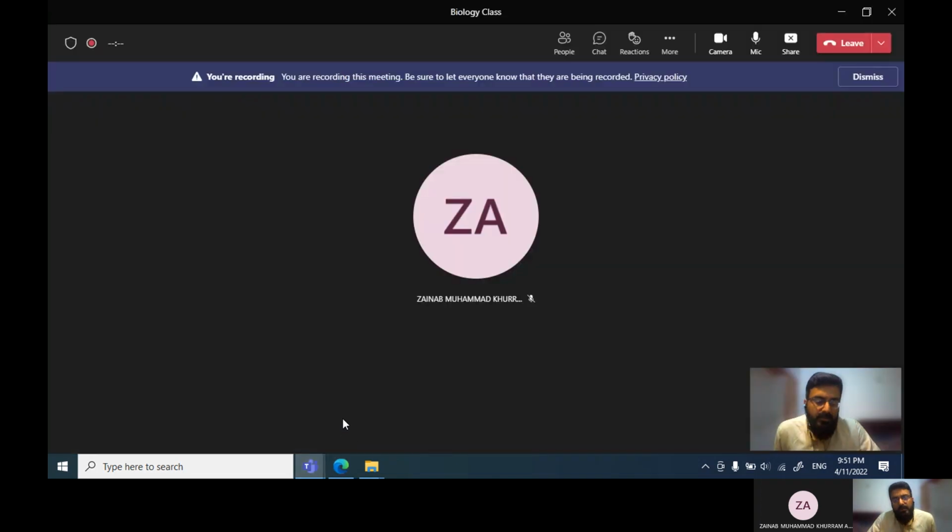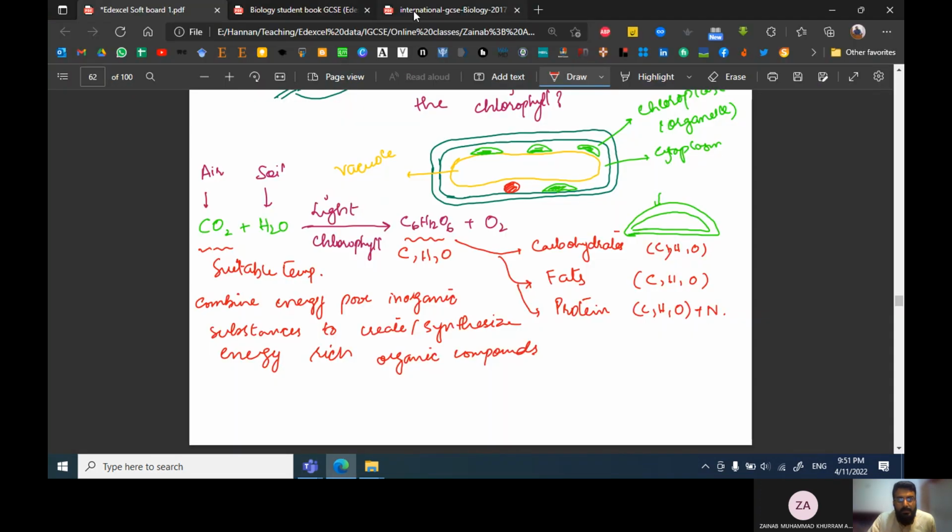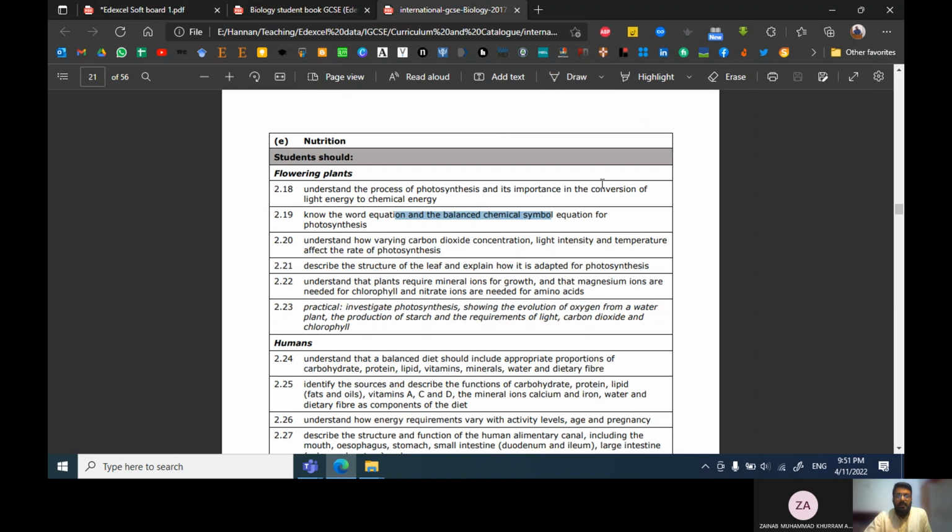This is a general process. Although it is a very lengthy process, we are not meant to describe it at such length.